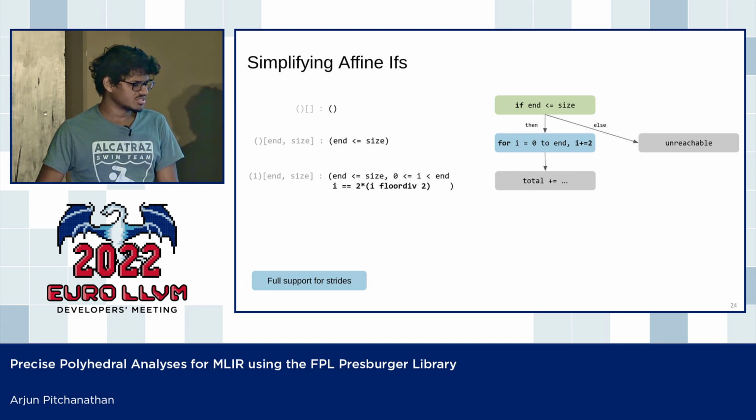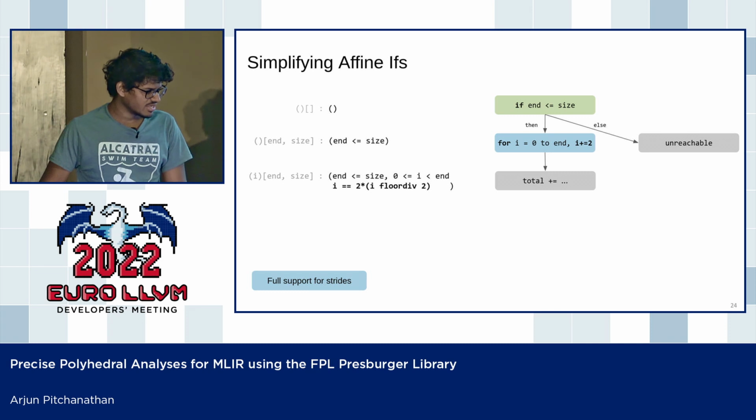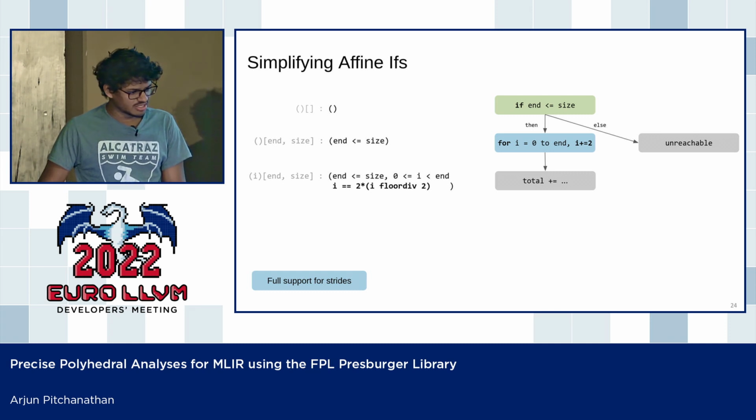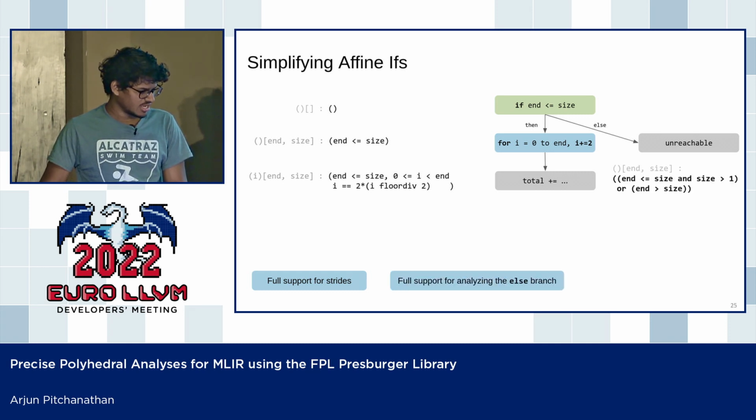For example, you can constrain that I is equal to 2 times floor div I by 2. If you think about that, it basically says that I should be even. And another thing we can support is analyzing the else branch.